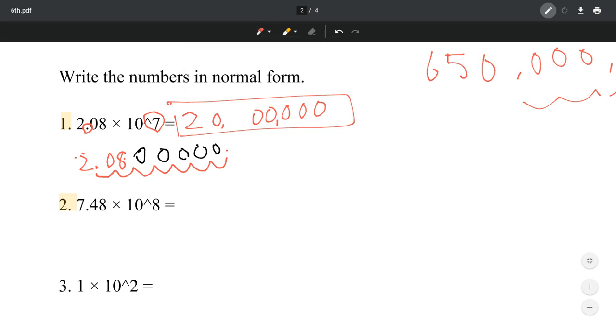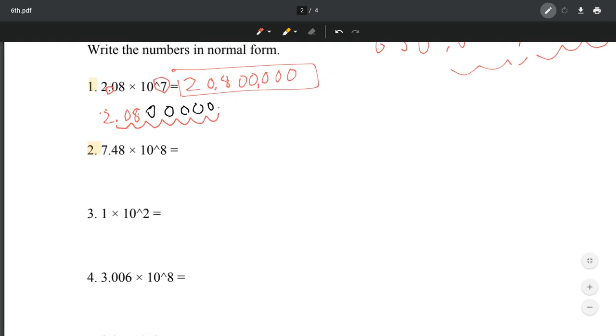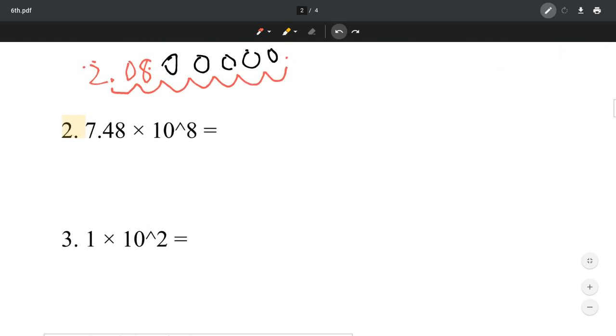Let's try number 2. Again, we're going to move this decimal point to the right. How many times are we going to move it? We're going to move it 8 times. So we have 7.48, and then we're going to move this 8 times: 1, 2, 3, 4, 5, 6, 7, 8.